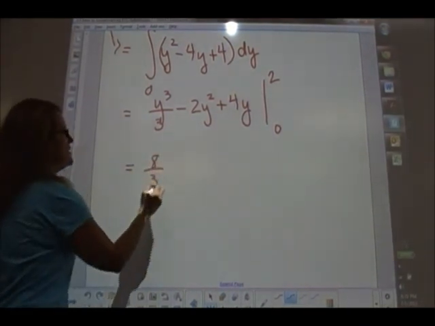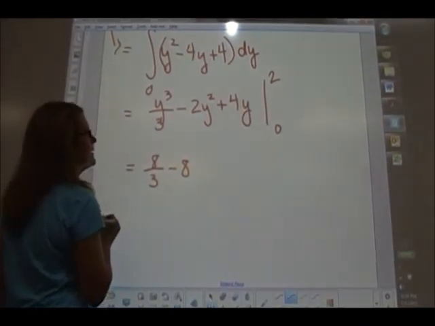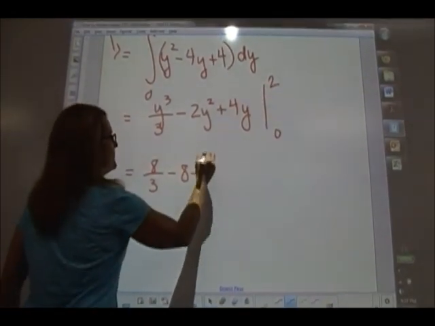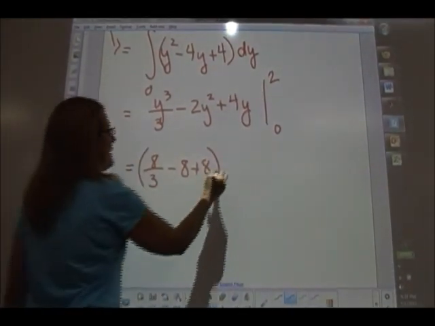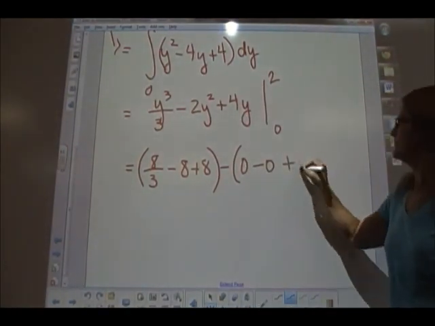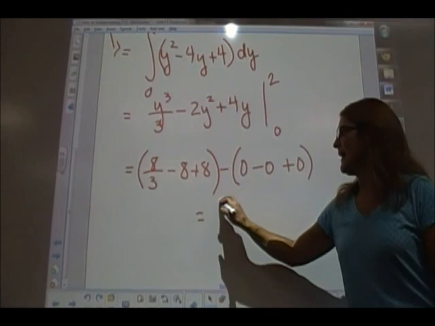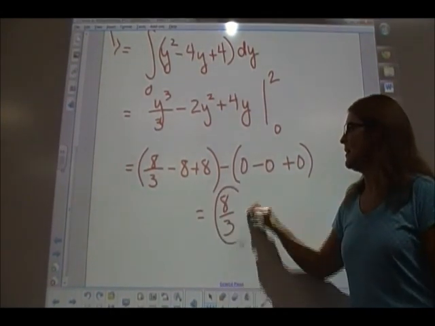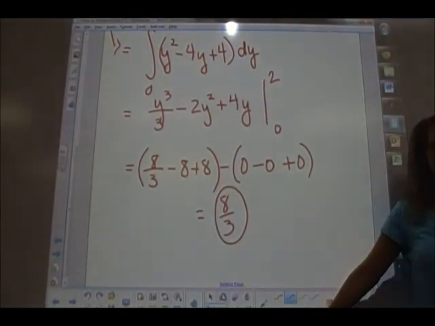That's 8/3 minus 8 plus 8. And then minus the rest, which will just be 0. So 8/3 is the area between our curve and the x-axis, from 0 to 2.